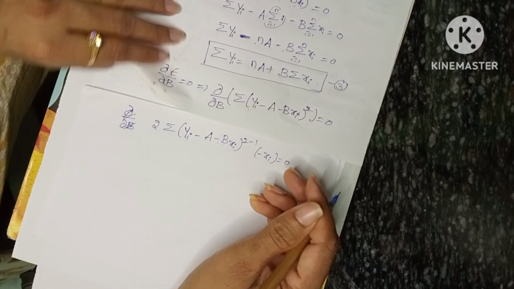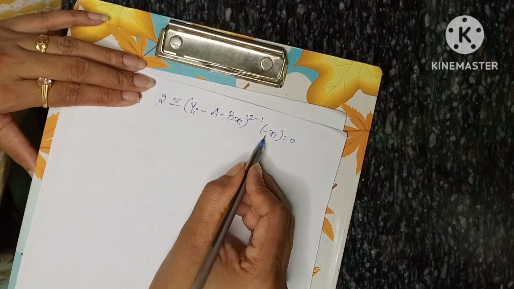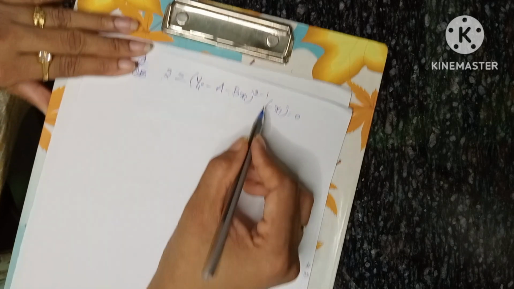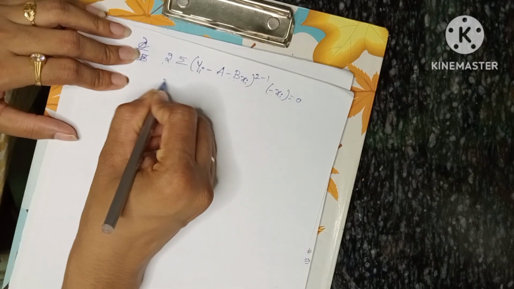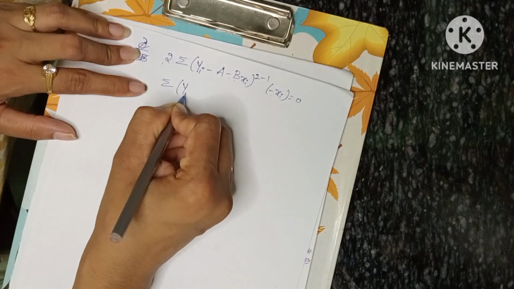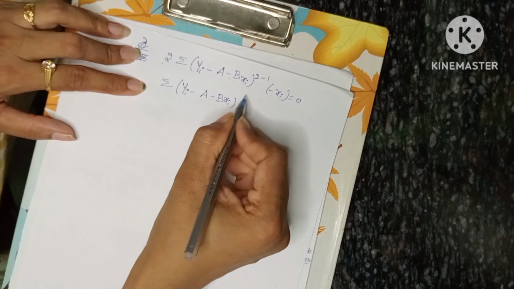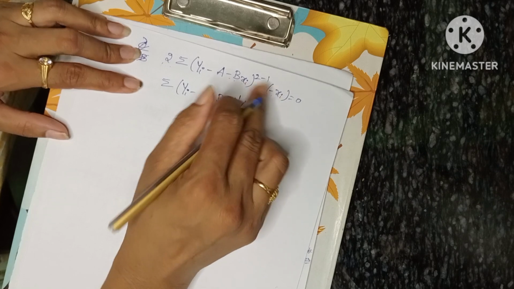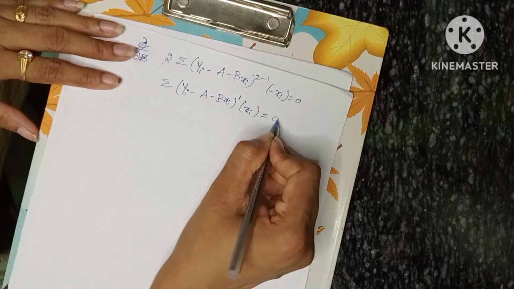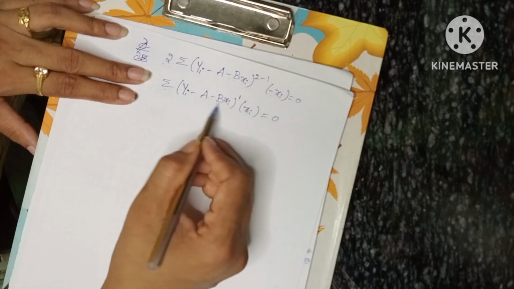equals 0. Okay, so now this 2 and this minus, only this integer term we take from LHS to RHS. So summation (yi − a − b xi) to the power of 2 − 1, which is 1, into xi equals 0. Now this summation and this xi we multiply with all these terms.